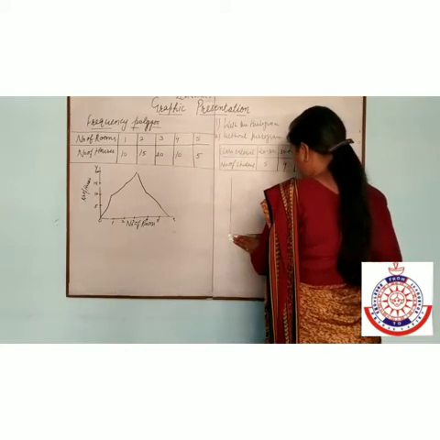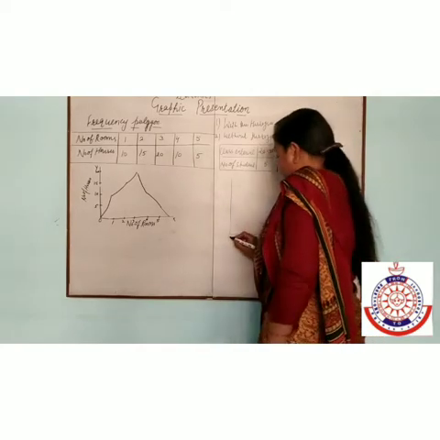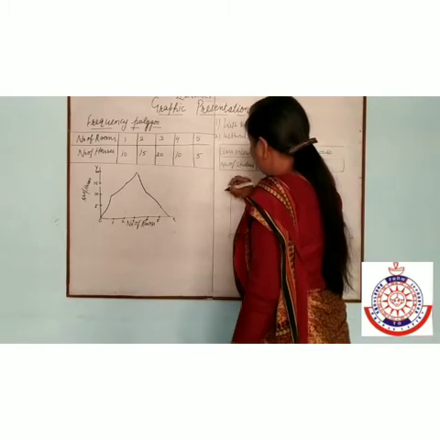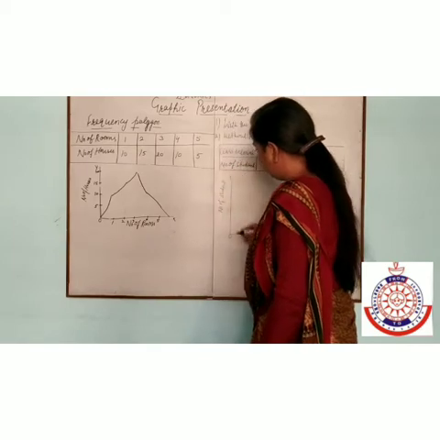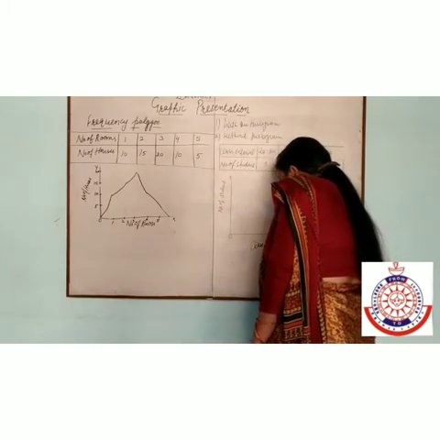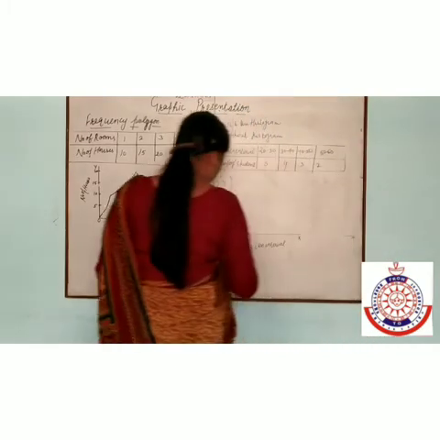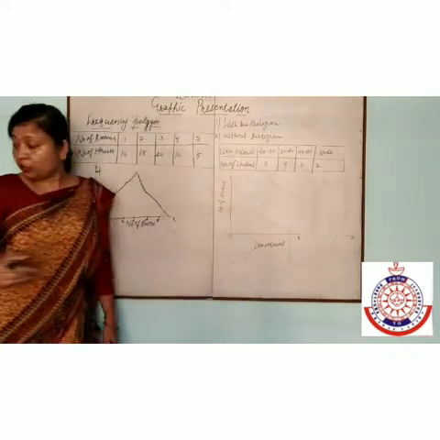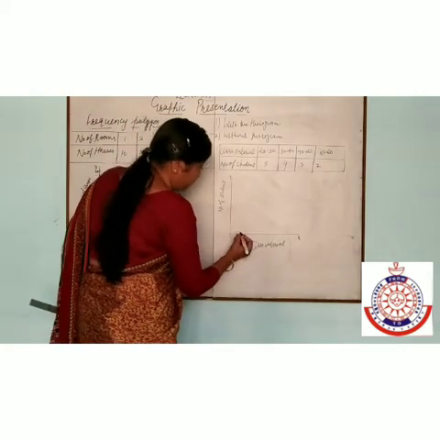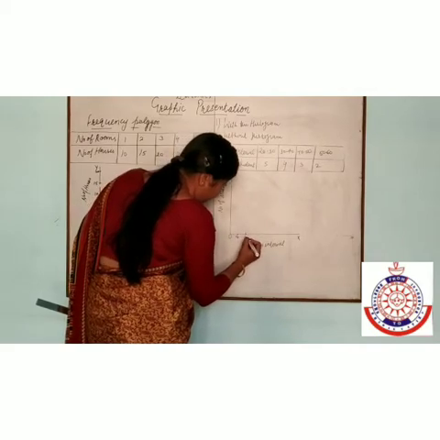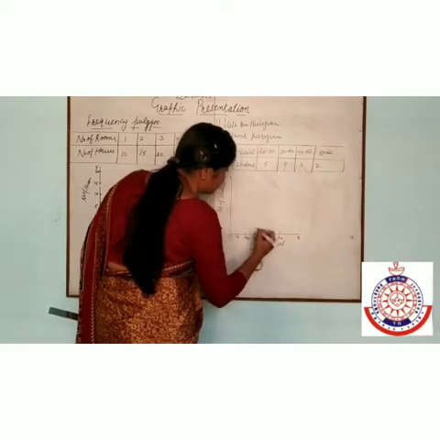On the X-axis, we will take the class interval, and on the Y-axis we will show the number of students. 20 to 30 is given, so we will take 20, 10, 20, 30, 40, 50 and 60.